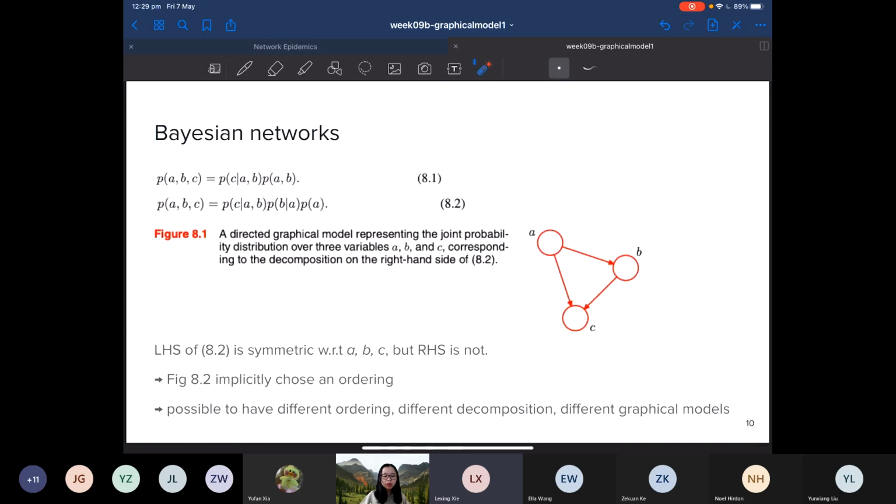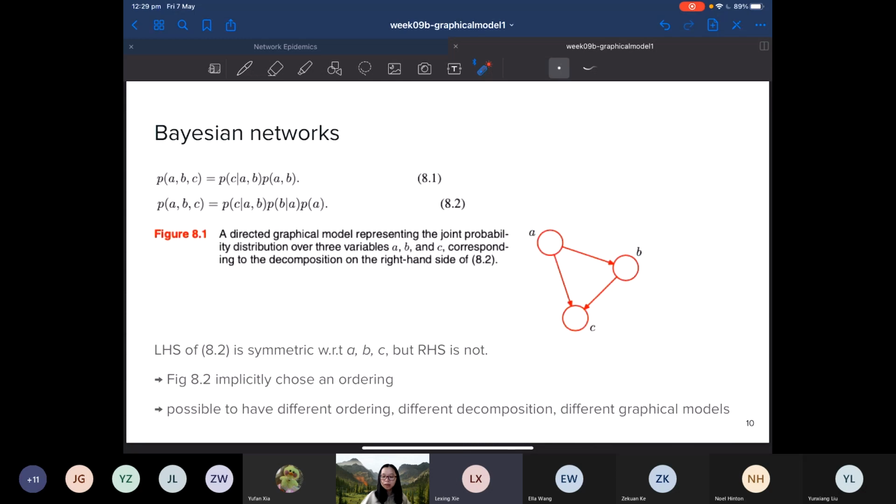So we note that the left-hand side of 8.2 is symmetric, but the right-hand side is not. What this means is, although this factorization is fully general, we did commit to an implicit ordering of the variables that makes the right-hand side no longer symmetric, right?